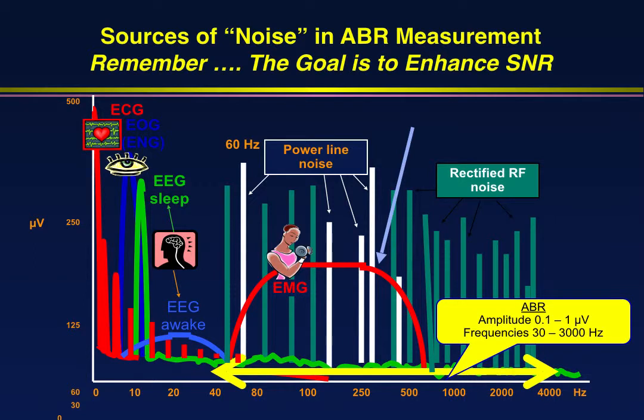Wiggly children, restless children, fussy children produce muscle artifact. The muscle artifact is hundreds of times bigger than the ABR we're trying to detect. And unfortunately, the muscle artifact, or EMG, illustrated in this figure with the long, long light blue arrow, EMG has a frequency composition, or a spectrum, right in the middle of the ABR spectrum. So we can't filter out muscle artifact in most cases.